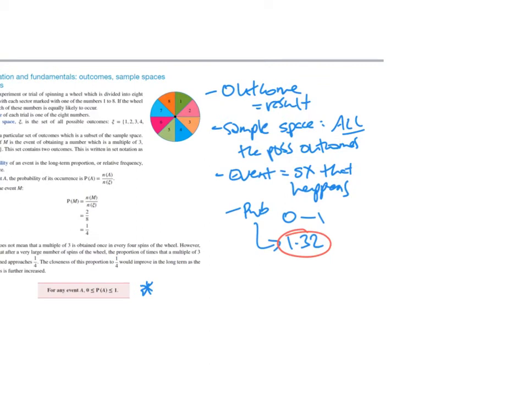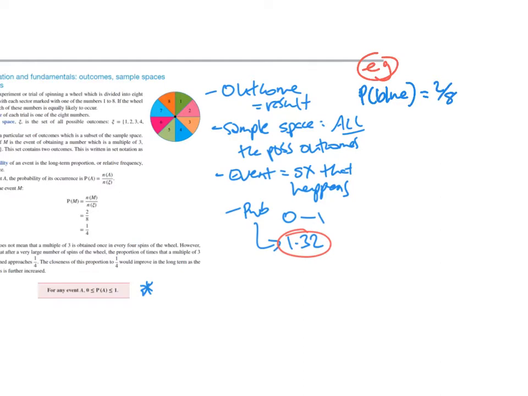Looking at the spinner here now, let's do some examples for each of these things. One of the outcomes in the spinner example is getting a blue square, a blue outcome. Now I'm going to calculate it as well. I can see there's 2 out of 8.